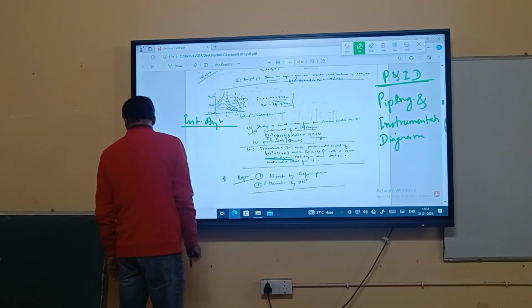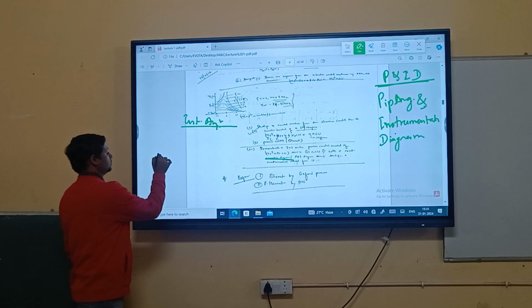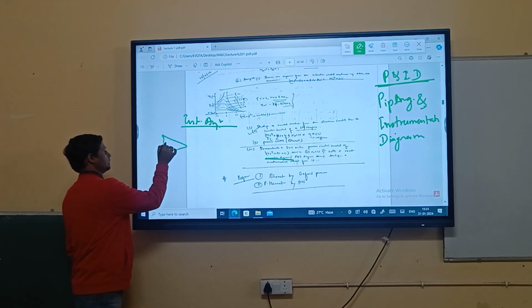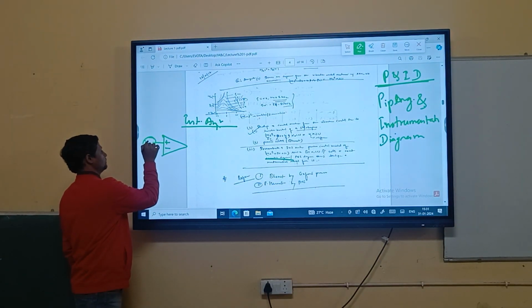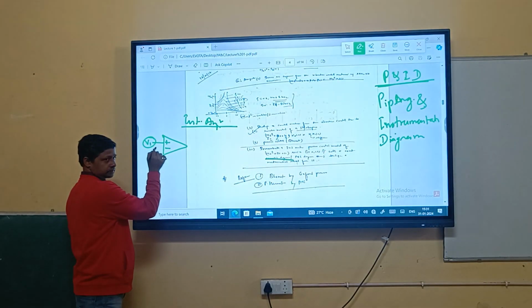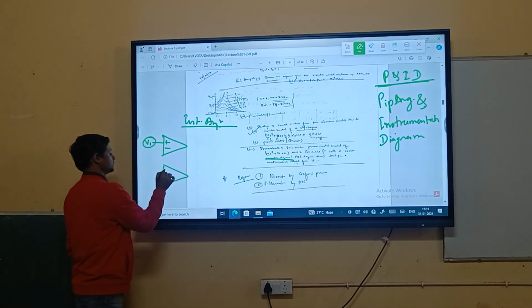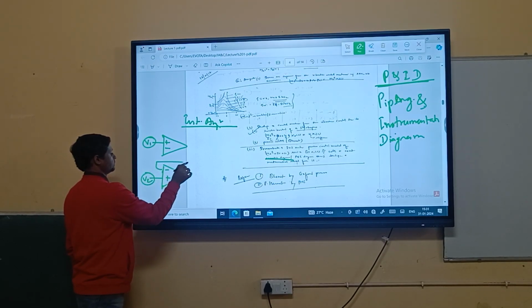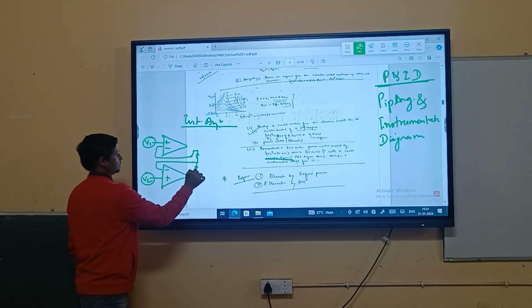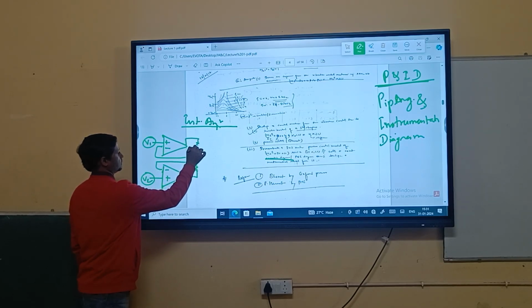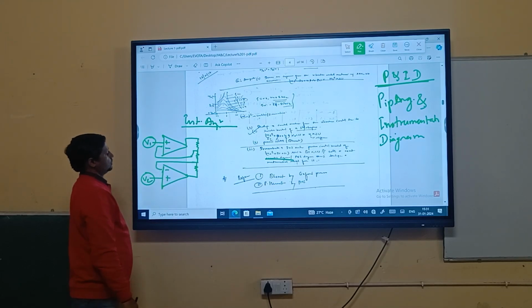Any doubt in instrumentation amplifier? How do we develop it? Ali, how do we develop? One input, V1, is it? What kind of circuit is this?